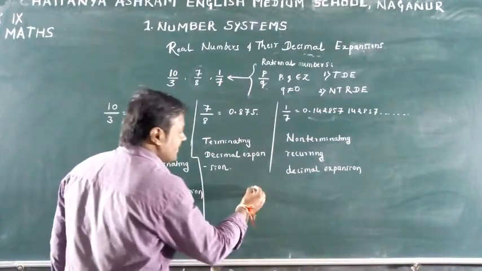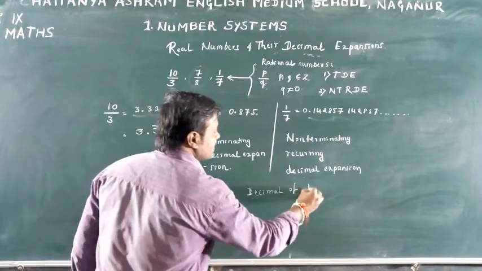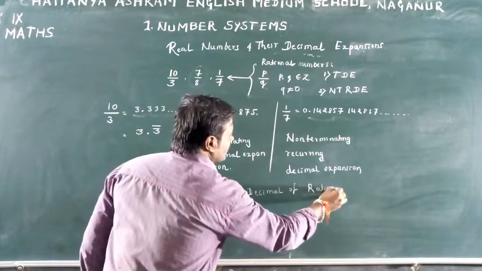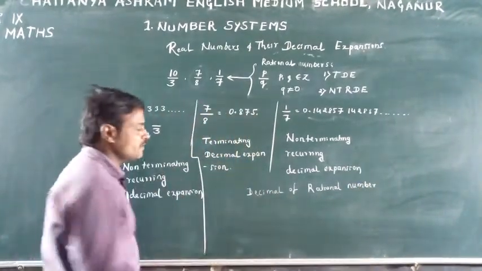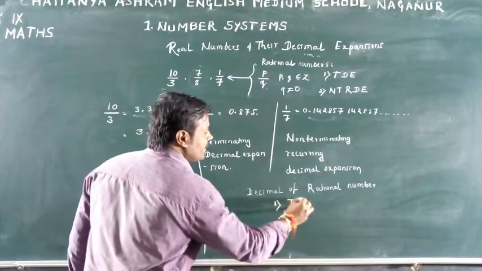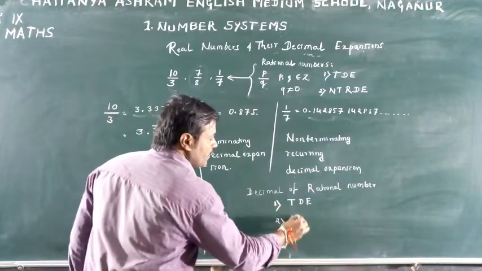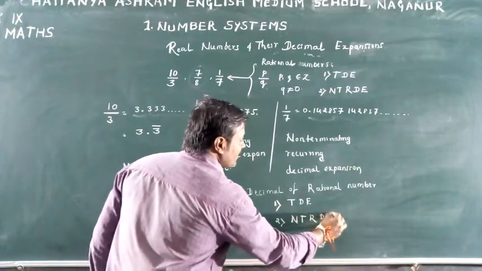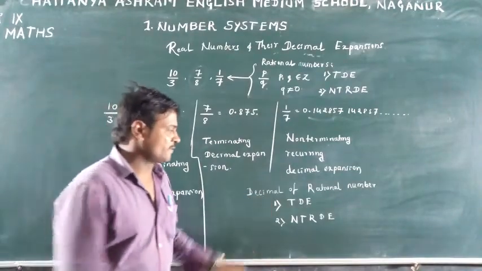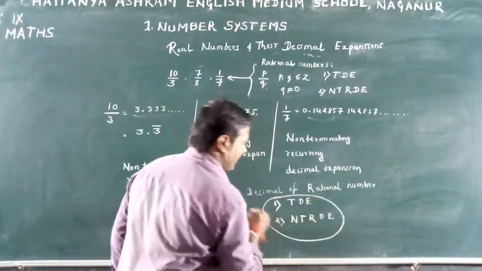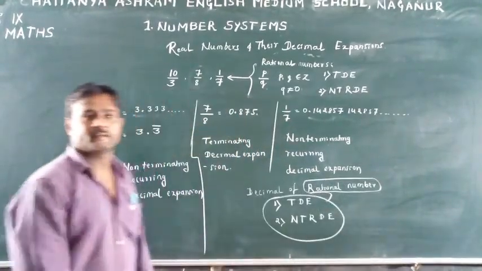The decimal expansion of a rational number is of two kinds: terminating decimal expansion or non-terminating recurring decimal expansion. These are the two kinds of decimal expansion of a rational number.